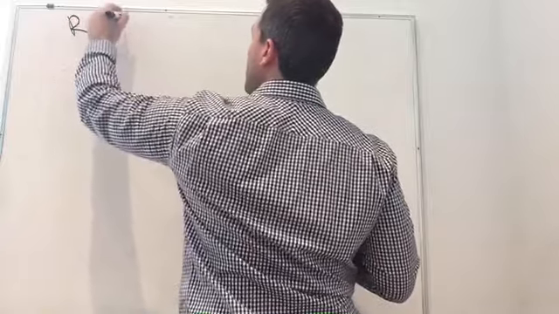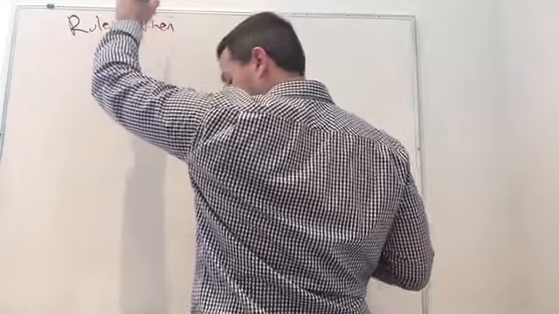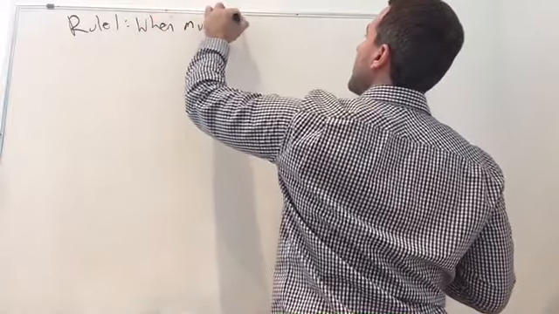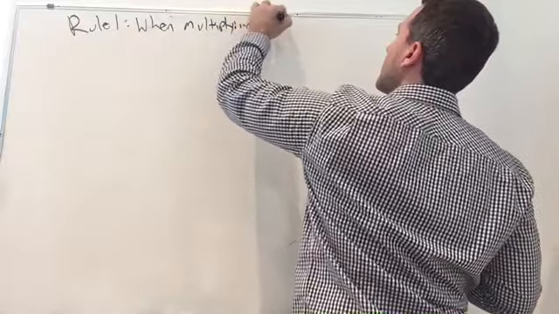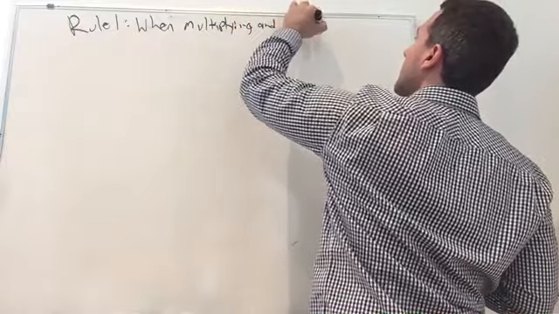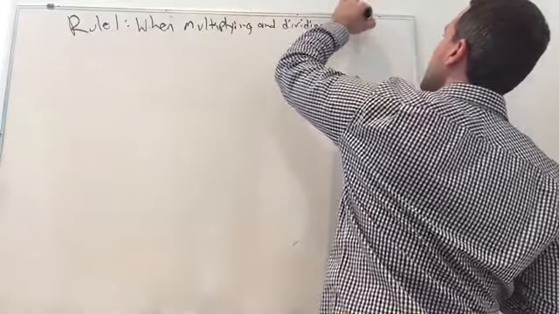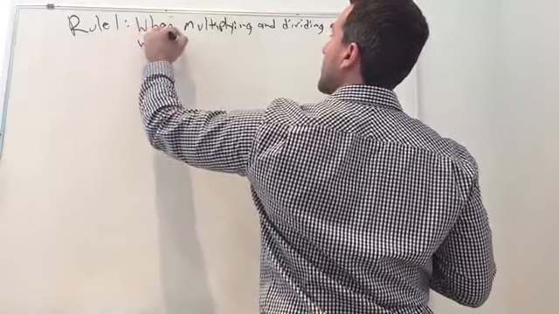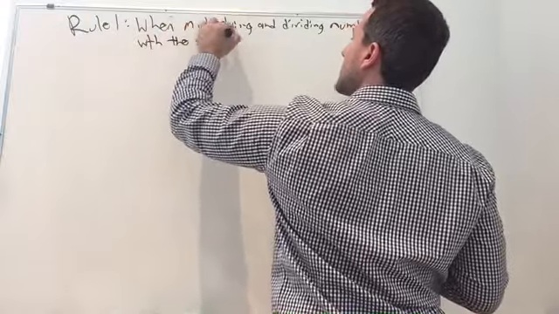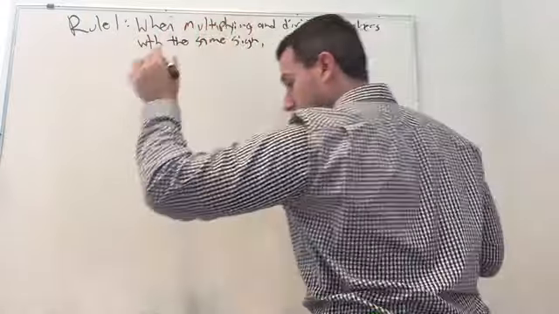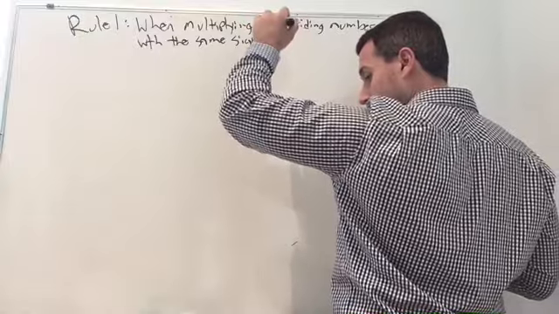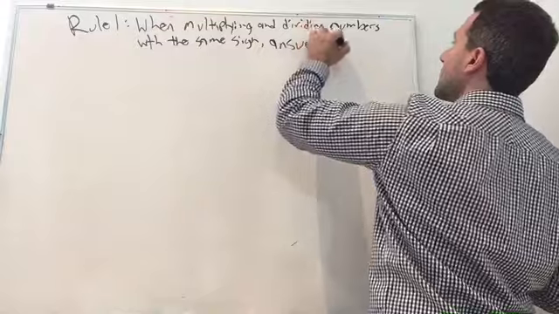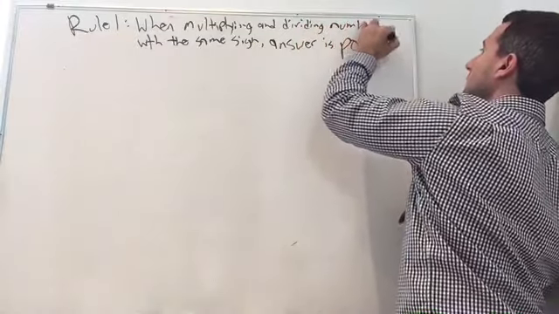Rule 1, when multiplying or dividing numbers with the same sign, the answer is always, always, always positive.